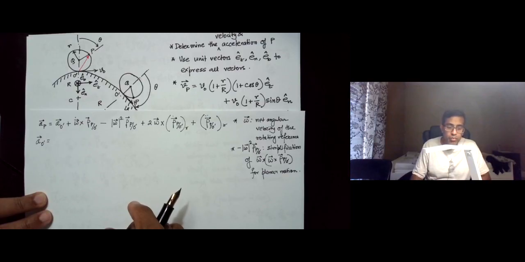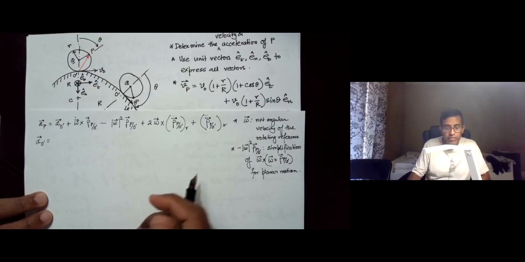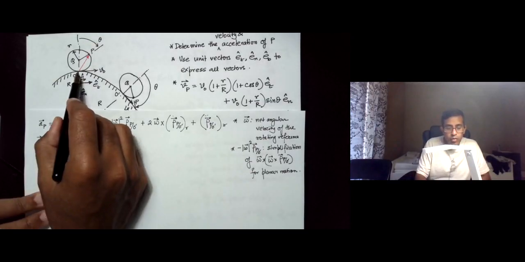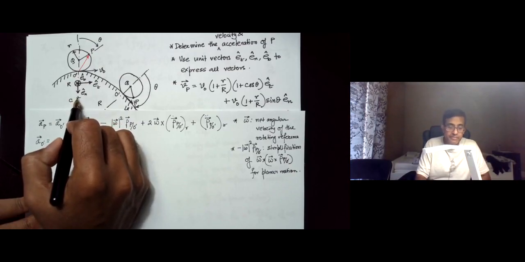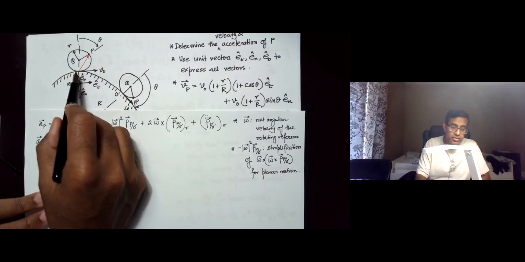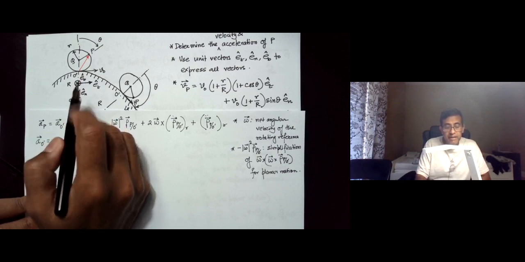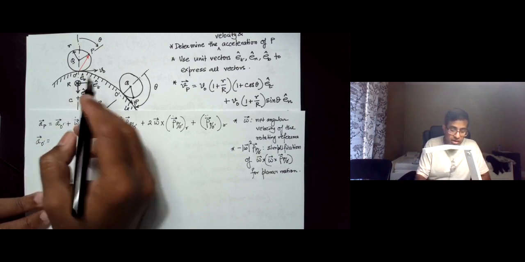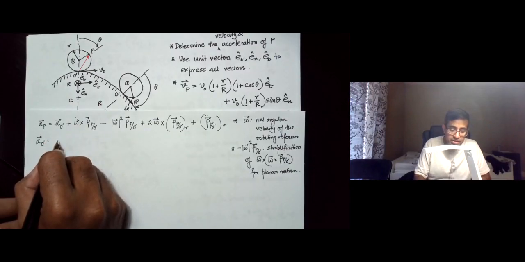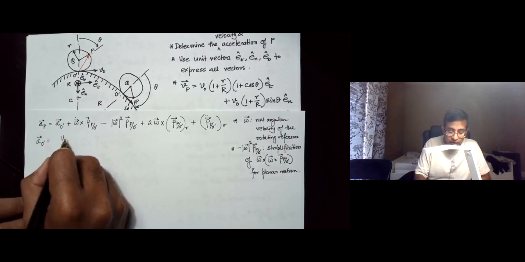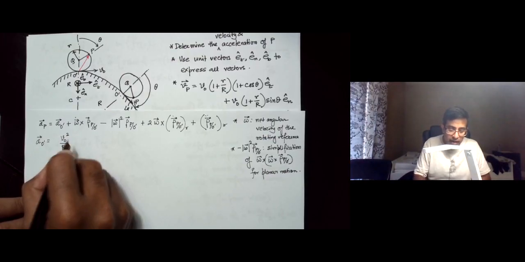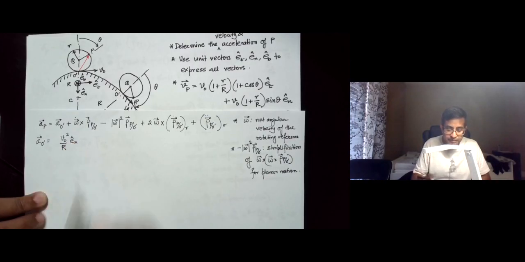So you can see that O prime's motion is a curved motion. It follows a curve, and at any instant O prime is undergoing a circular motion about the point C. Since it is a circular motion about the point C with C as the center, it therefore has a normal acceleration towards C, and so that acceleration is V naught squared over capital R, in the En direction.